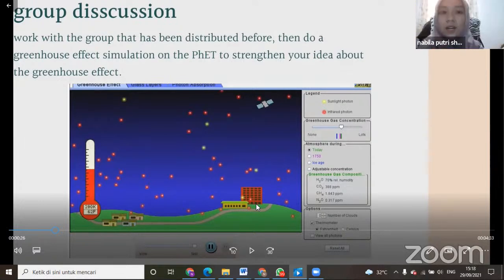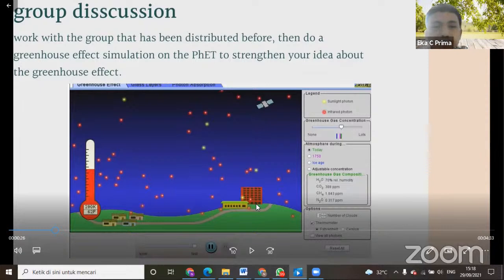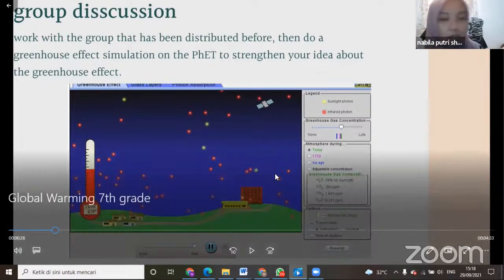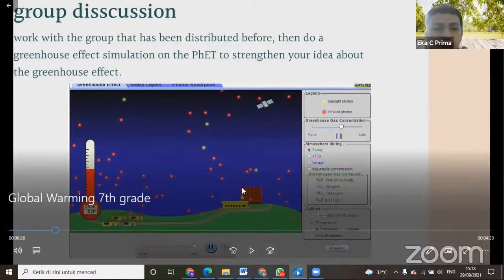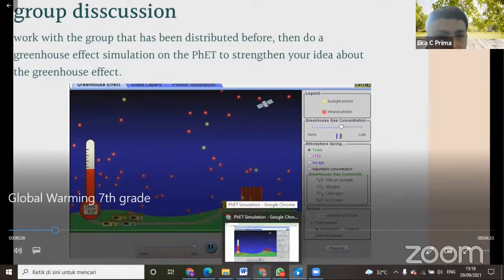All right, so I will show the method. In this section, while the students discuss with the group, I would also like to share the worksheet to engage more with how the greenhouse gases contribute to global warming. Okay, so show us the worksheet if you have.